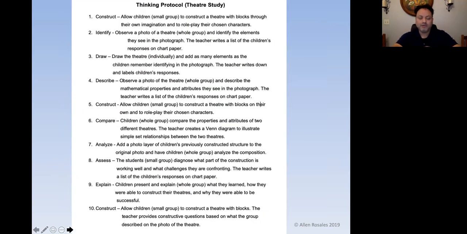So this thinking protocol is based off of the thinking verbs. If you look at this protocol, the first day, the children construct something, then they identify something. The next day, maybe they're drawing, the following day they're describing, the following day they're constructing, the following day comparing, the following day analyzing, and that's the pattern, right?